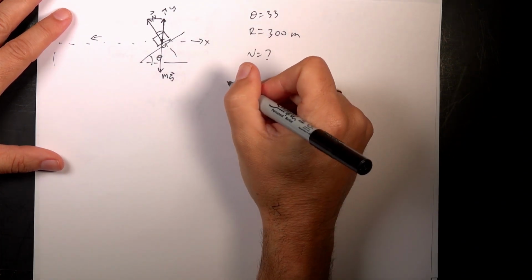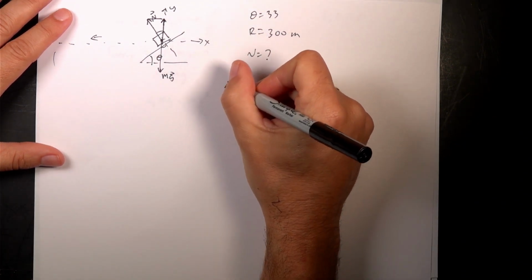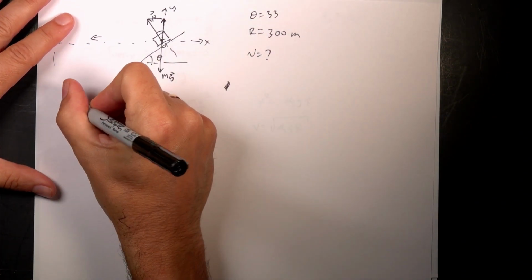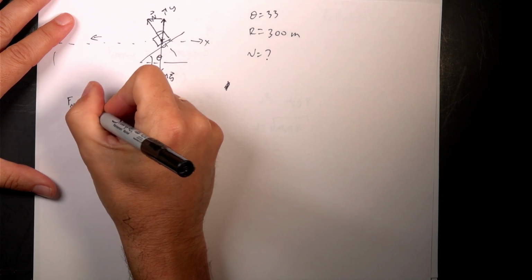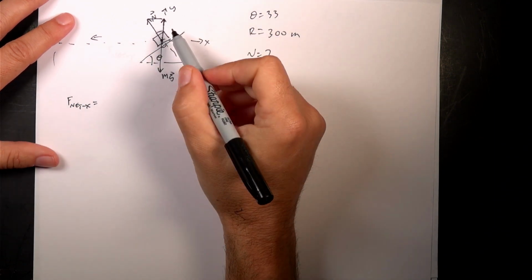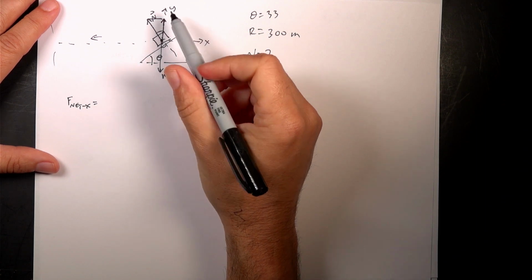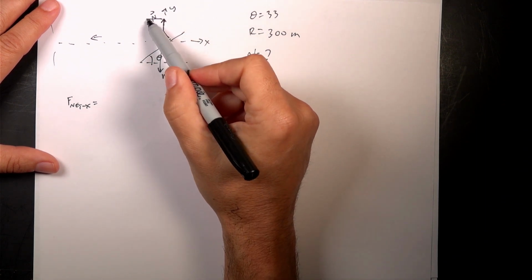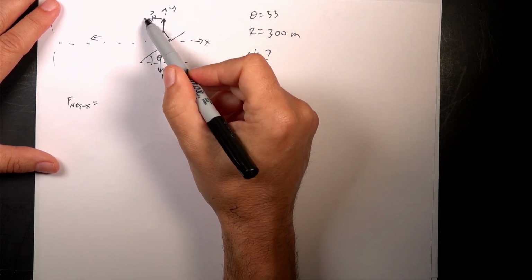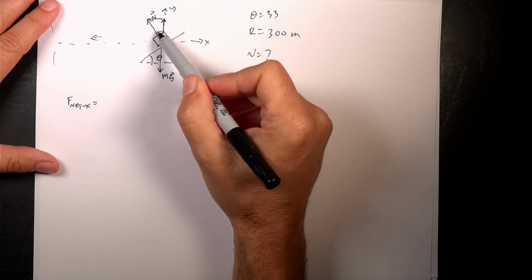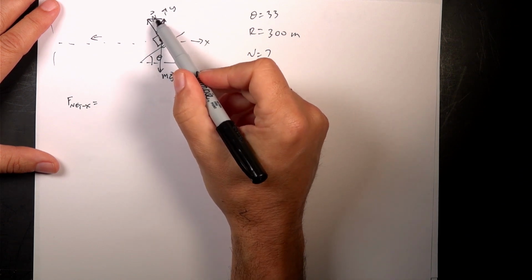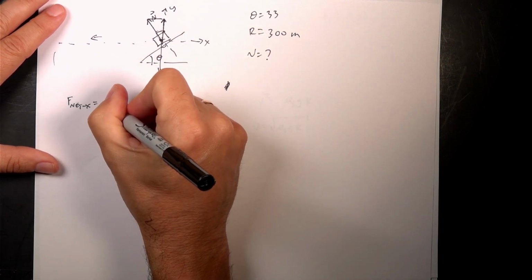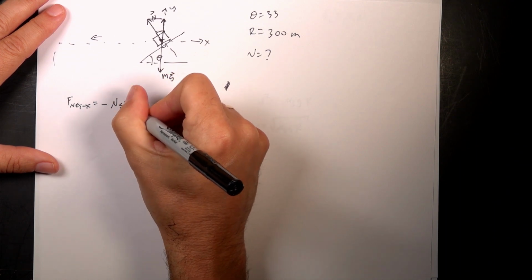So let's go ahead and write our Newton's second law. F net x equals. Okay, so what forces are in the x direction? It's a component of the normal force. It's this one up here. So if this is the normal force, the hypotenuse of the triangle, that's the angle theta, then that would be the opposite side. So it's going to be minus n sine theta.